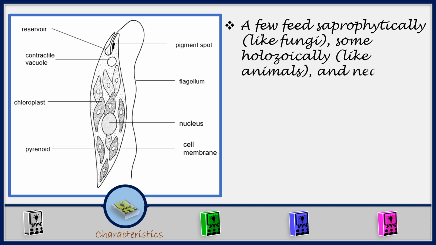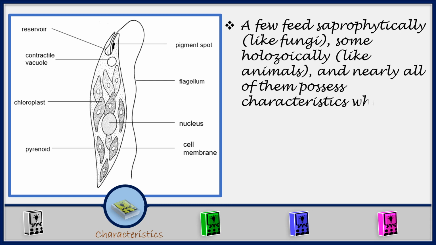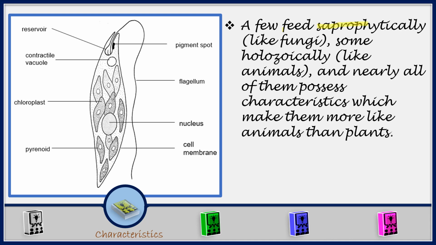A few of those flagellates feed saprophytically, like the fungi. Some of them feed holozoically, like animals. And nearly all of them possess characteristics which make them more like animals than plants.